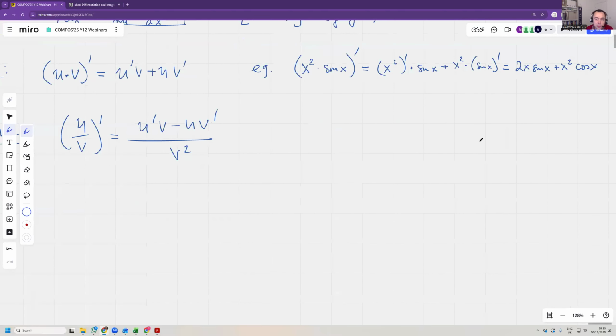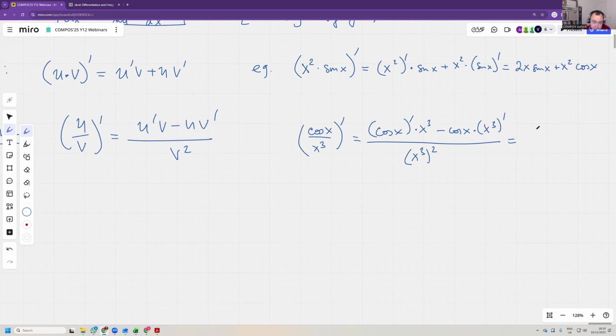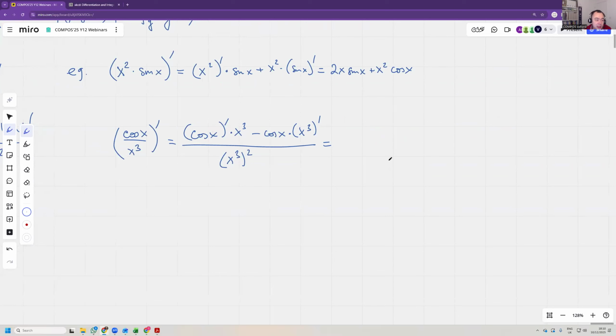If you have a quotient rule, let's say you have the derivative of cos x divided by x cubed. So it's cos x dash multiplied by x cubed, minus cos x multiplied by x cubed dash, divided by x cubed squared, which is minus sine x multiplied by x cubed, minus cosine x multiplied by 3x squared, divided by x to the power 6.